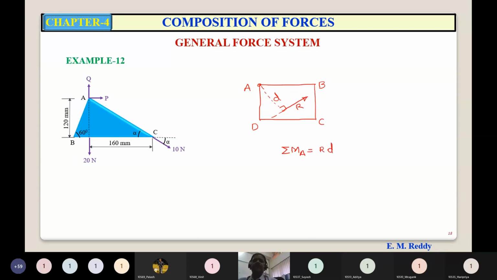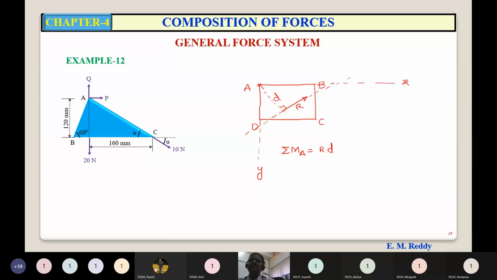Now, I am taking this A as the reference point. With respect to A, say this is the x-axis, and this is the y-axis. I am extending the line of action of resultant.